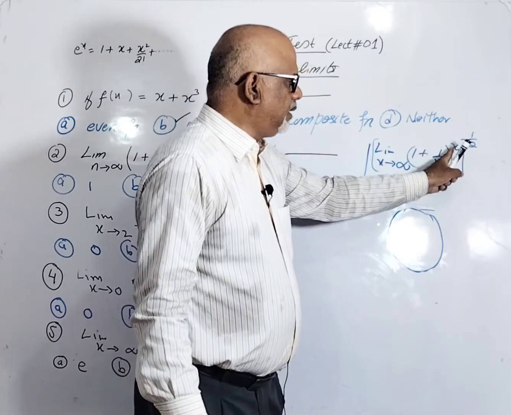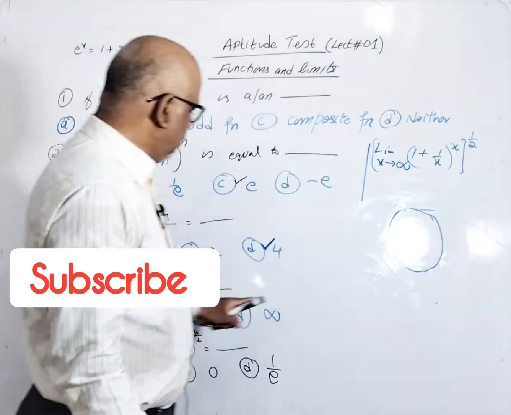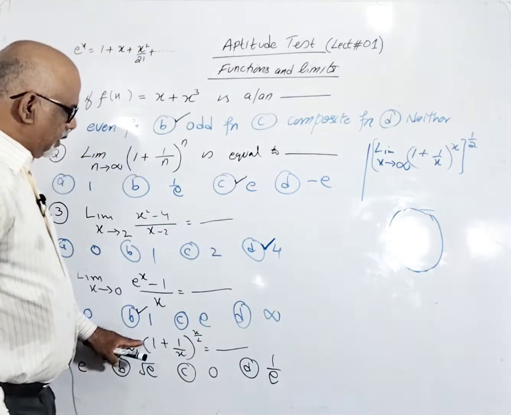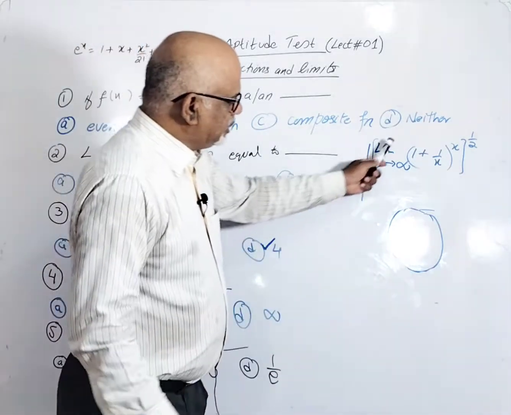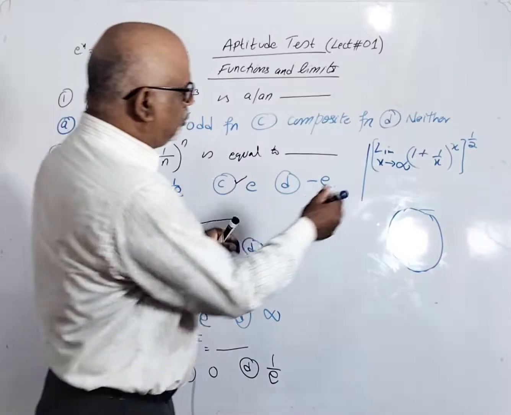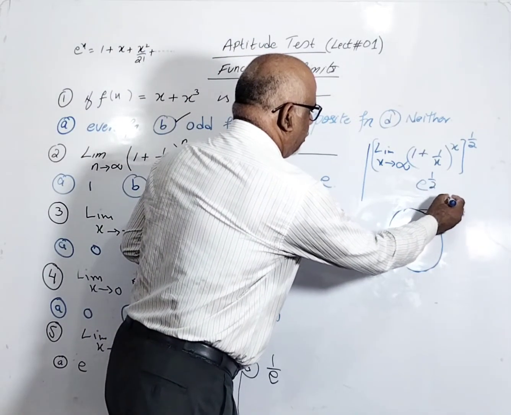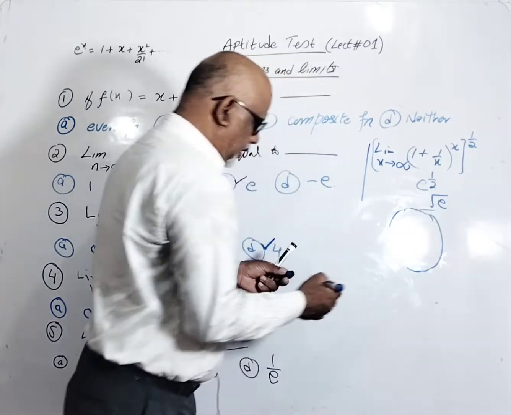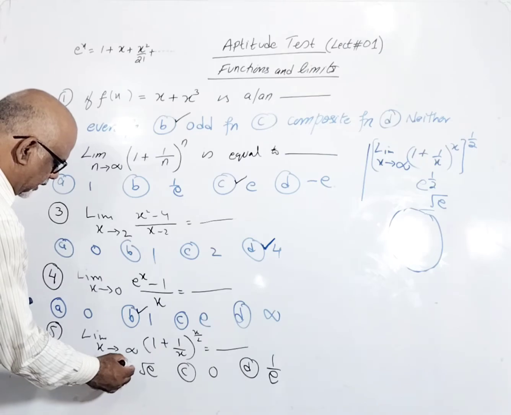We have the double power, then they will be multiplied to each other, so x times 1 upon 2 is x upon 2. That means this can be written in this form. Now this is the general form of this formula here, and that will be equal to e power half, or radical e. So option B is correct.